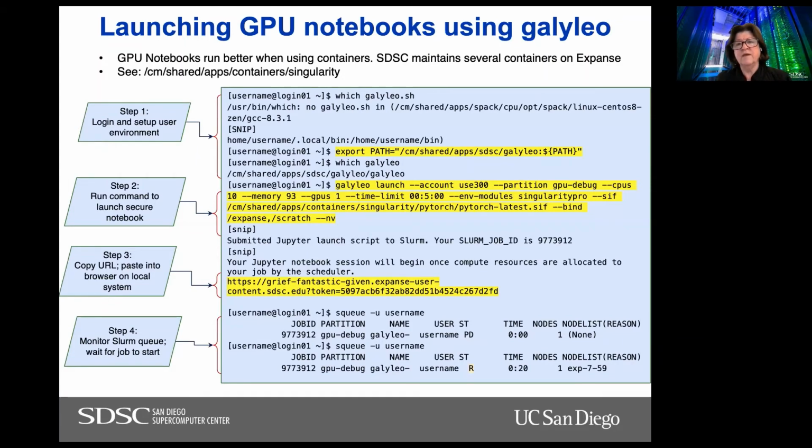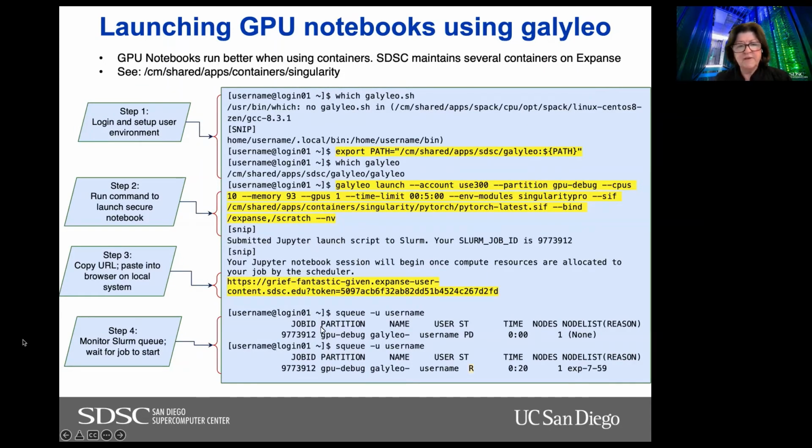The container will take care of that. And the user support group, primarily Marty, they keep a suite of containers in the cm/shared/apps/containers directory. And if you need something different, get in touch with the help desk. But he's tried to have a very rich selection of containers. There's ones for machine learning and other application spaces as well.